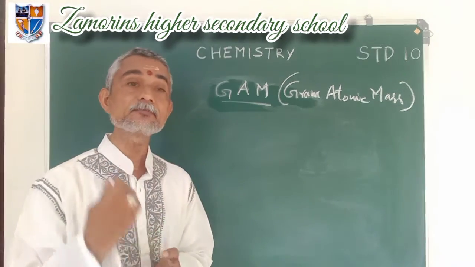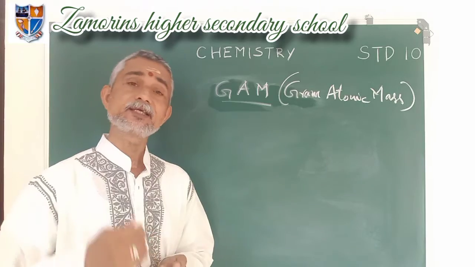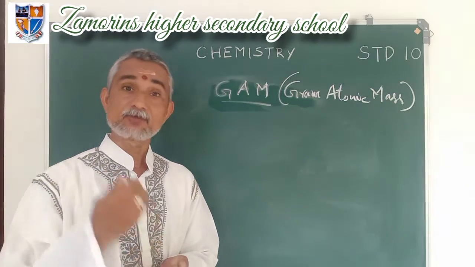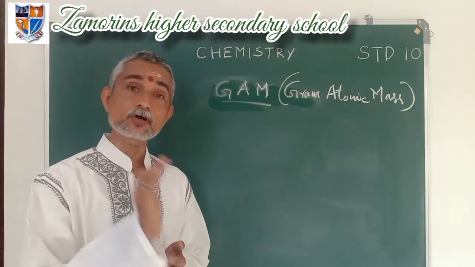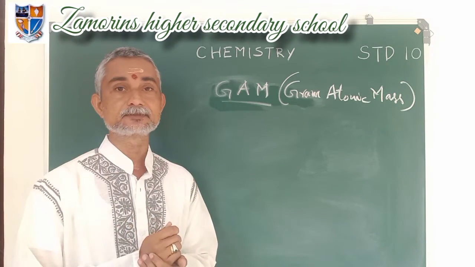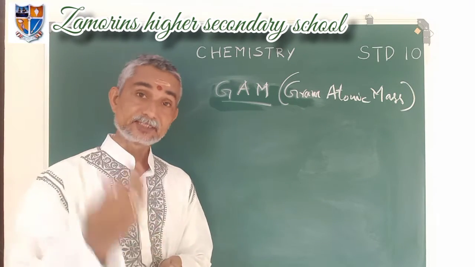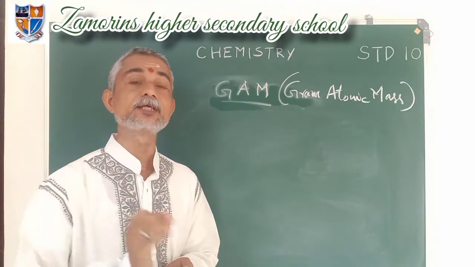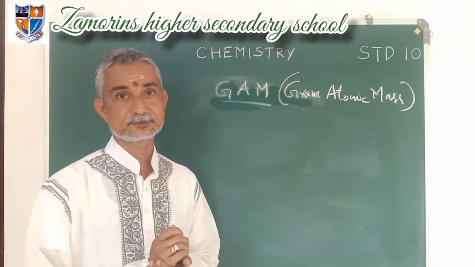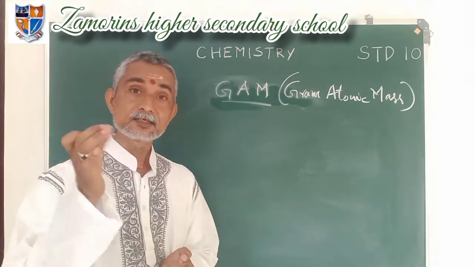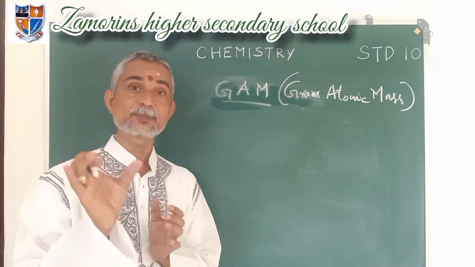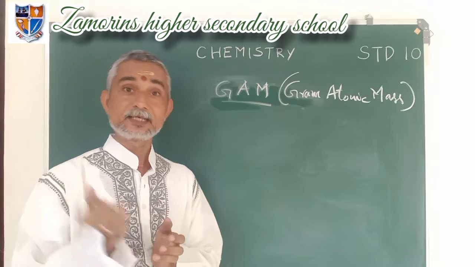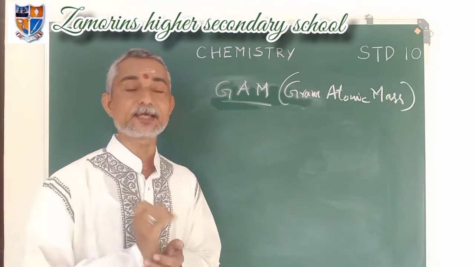See, each element, when we take its atomic mass weight in gram, it will contain 6.022 into 10 to the power of 23 atoms. This number or this much of atoms is called 1 GAM.